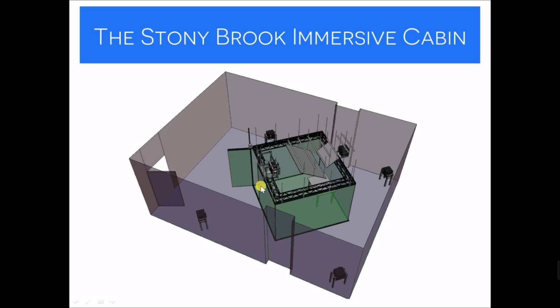We also have a door, so you can close it and be completely immersed. There's a projector here that projects on this mirror, and then it projects down on the floor. There's a little bit of shadowing when you stand in front, but it doesn't matter that much. On the sides there's no shadowing because it's rear projected. There's no projector between you and the screen; the projector's behind the screen.